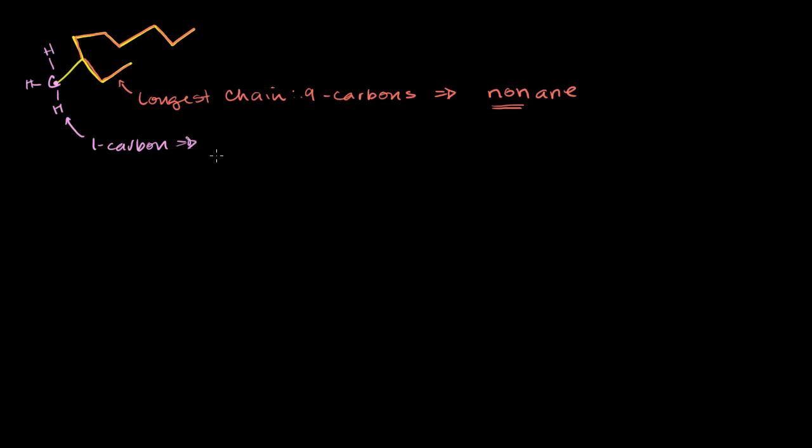But because it isn't the main chain, it is added to something else, we don't write methane, we write methyl. So let me write this right here, methyl. This means that it branches off a longer chain.